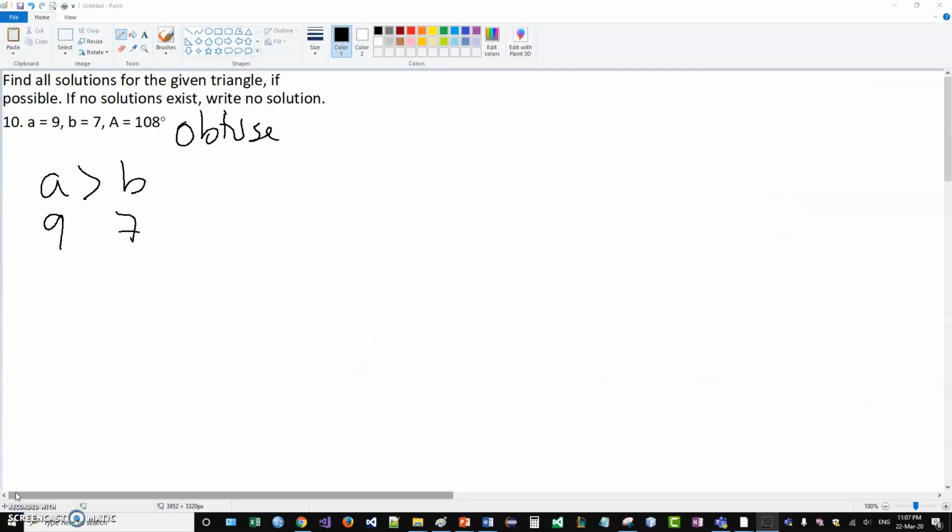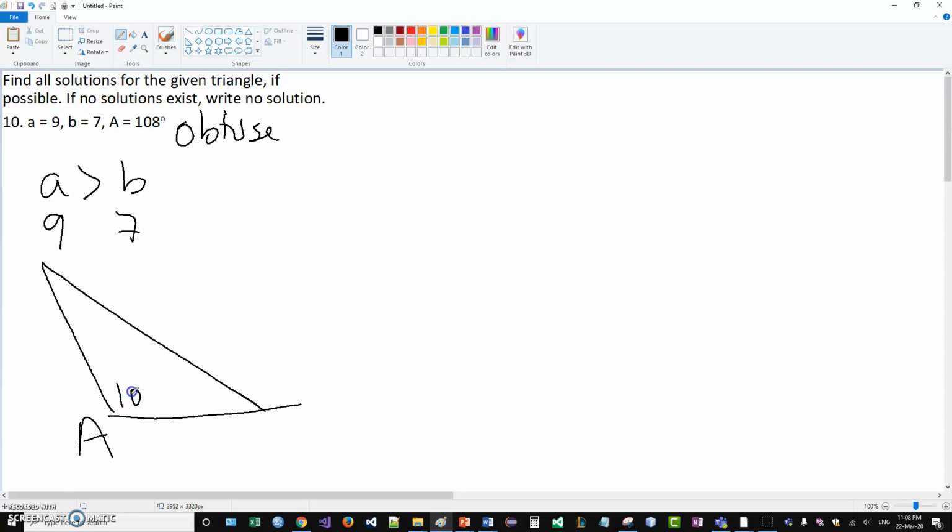Now let's draw a sketch of this triangle. Let's say this is angle A, which is 108. This is side A, which is 9. This is angle B, and this is side B, which is 7.